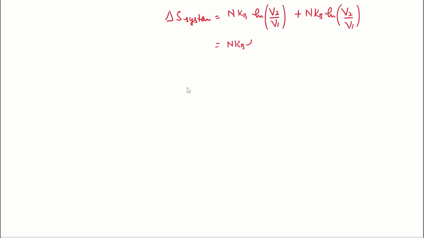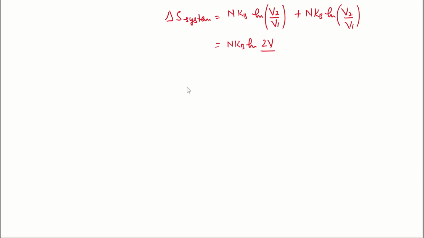So therefore delta S of the composite system is equal to n kB ln of final volume, ln V2 upon V1, for the first system, plus n kB ln V2 upon V1 for the second system, that's system B. Now this is equal to n kB ln of twice the initial volume.